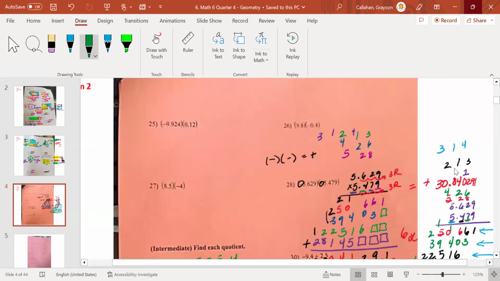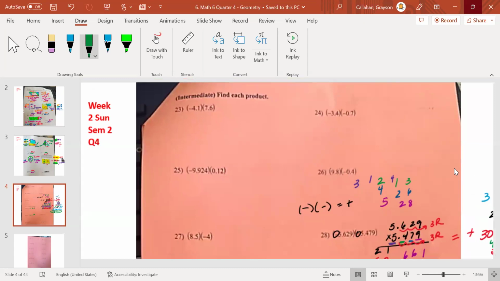Okay, so then let's go up here. Number 23. You should have a negative 31.16. You should have a 1.19088. That's a positive, oh, this is a negative, sorry, negative.